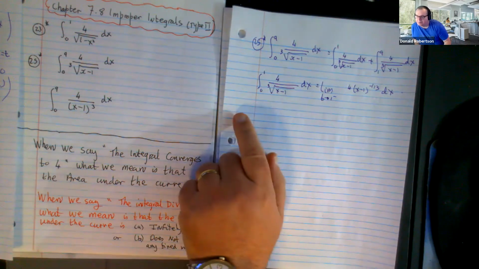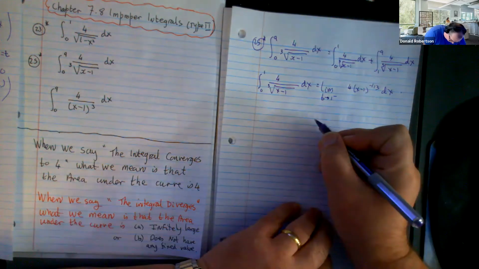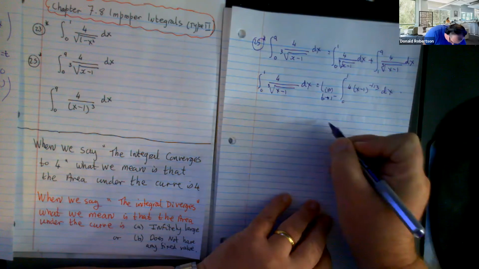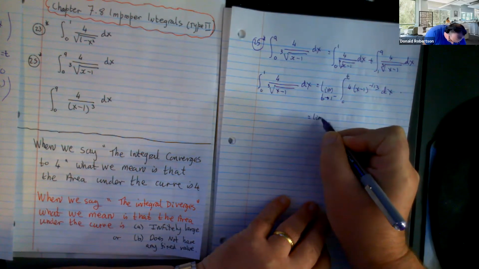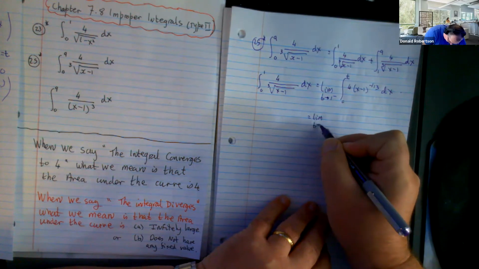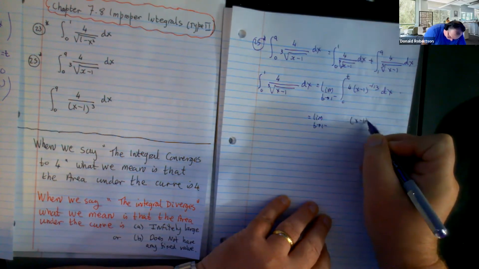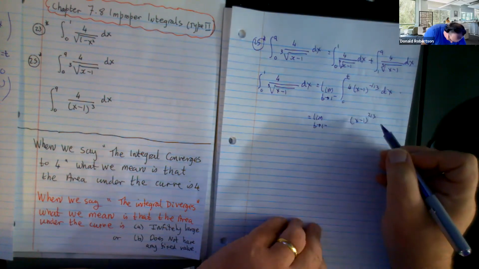So I can now do the limit as t tends to 1 of minus this fella. Now you want to integrate him. You add 1 to the power, and then you divide by 2/3, which is the same as multiplying by 3/2.